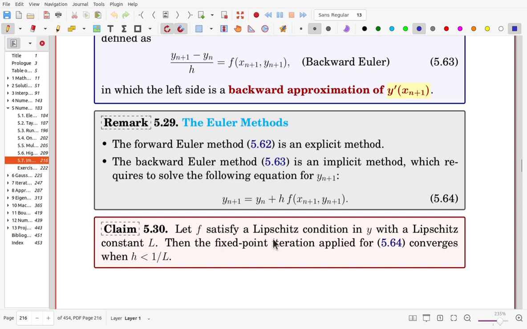If f satisfies a Lipschitz condition in the variable y with a Lipschitz constant L, then the fixed point iteration converges when h is chosen such that h is less than 1 over L. You can prove this quite easily.